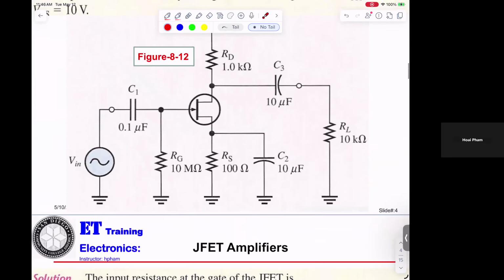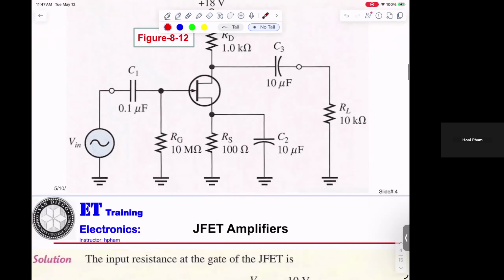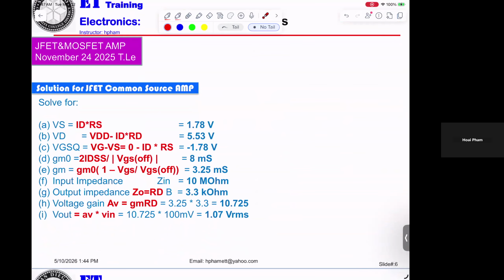So, the input resistance seen by the signal source, RIN, equal RG parallel with RIN. Okay? So that means you have to do a calculation for input resistance at the gate itself. And if you're looking into the circuitry here, also you get another RG. Okay, so RIN and RG in parallel. That is the input resistance. And for the calculation here, okay, we give you the formula and the answer here.